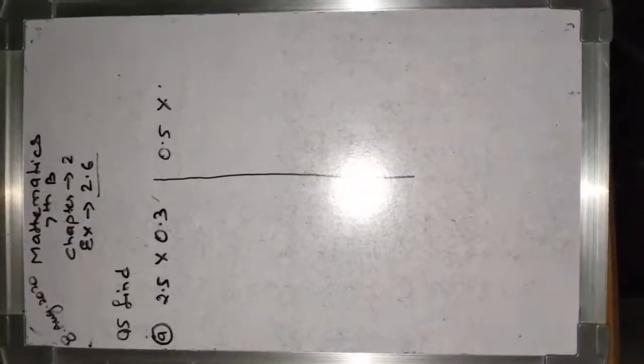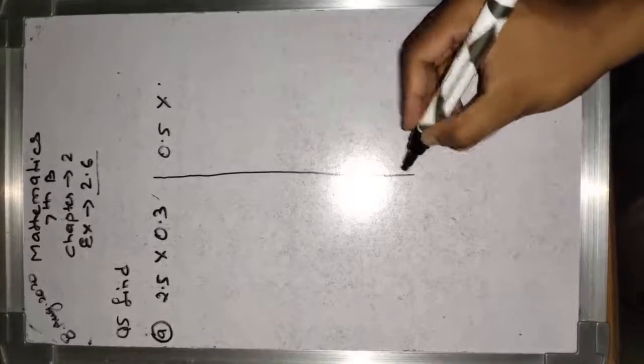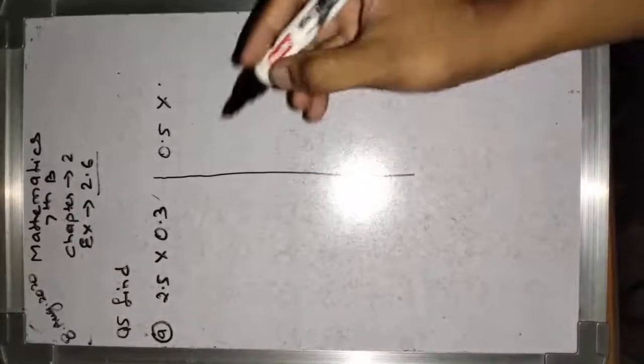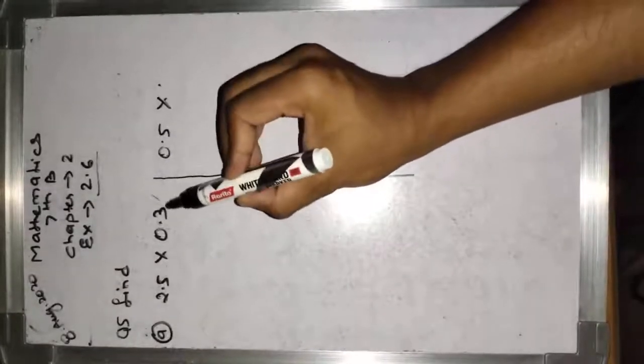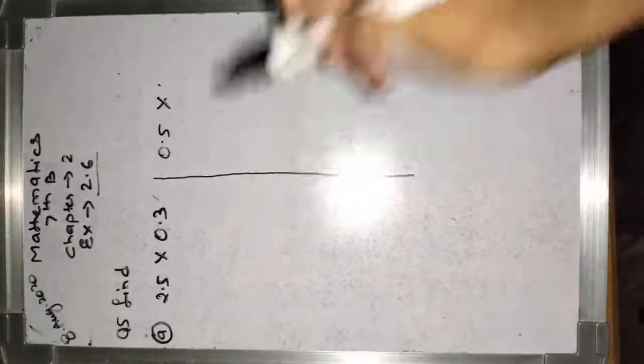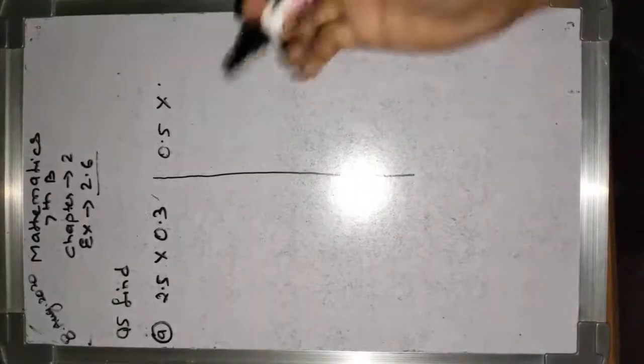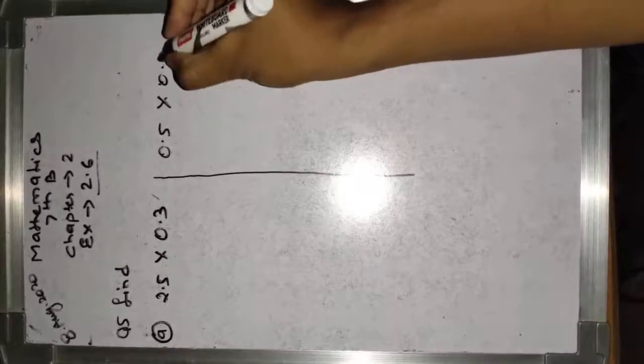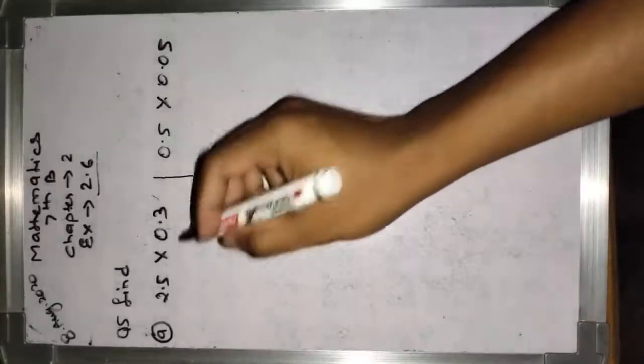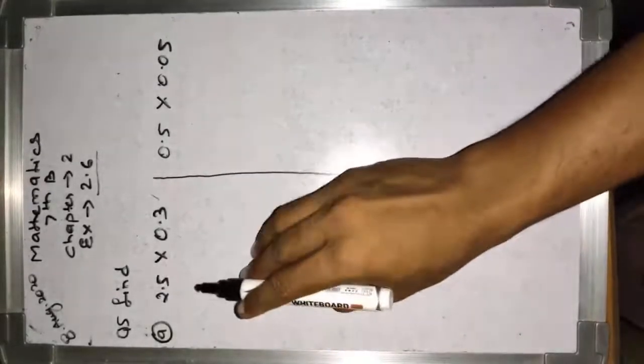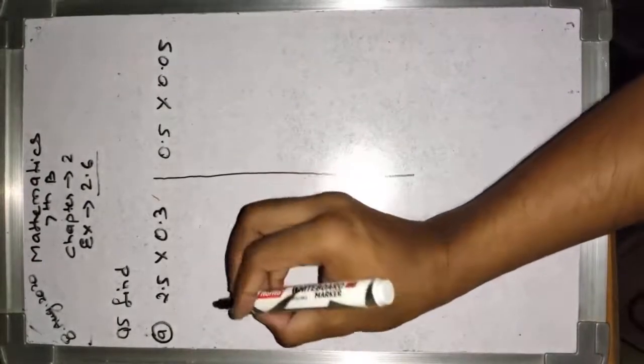Okay, so this is your fifth question, and this question is similar to the first question. There is only one difference, that here both the numbers are in decimal. So how to multiply these numbers? You can multiply directly or you can convert them into numbers without decimal.